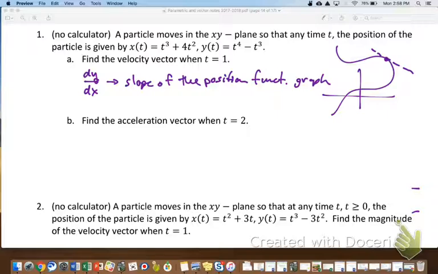It very well could ask that. You are going to find questions that do ask that, but that's not what this is asking. This is saying, what's the velocity vector? What are the velocity components? So we are not going to be finding dy dx.